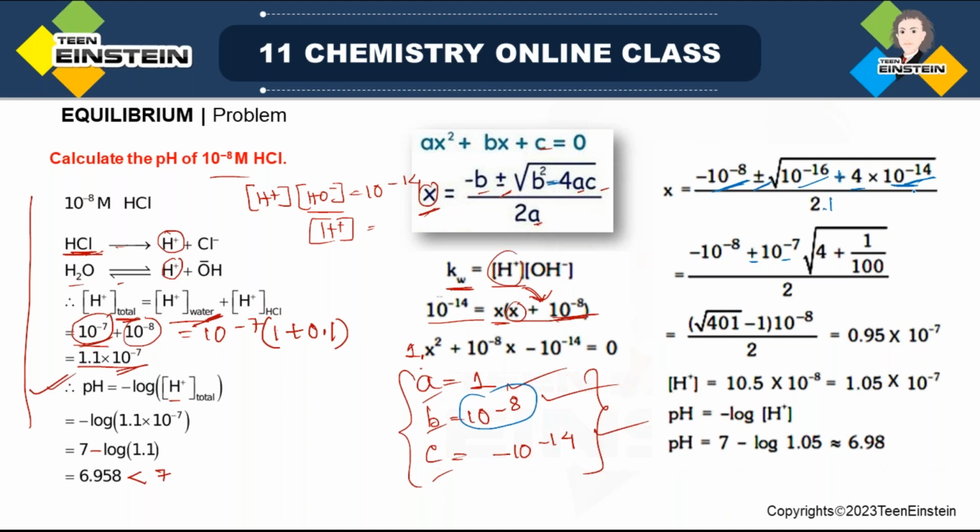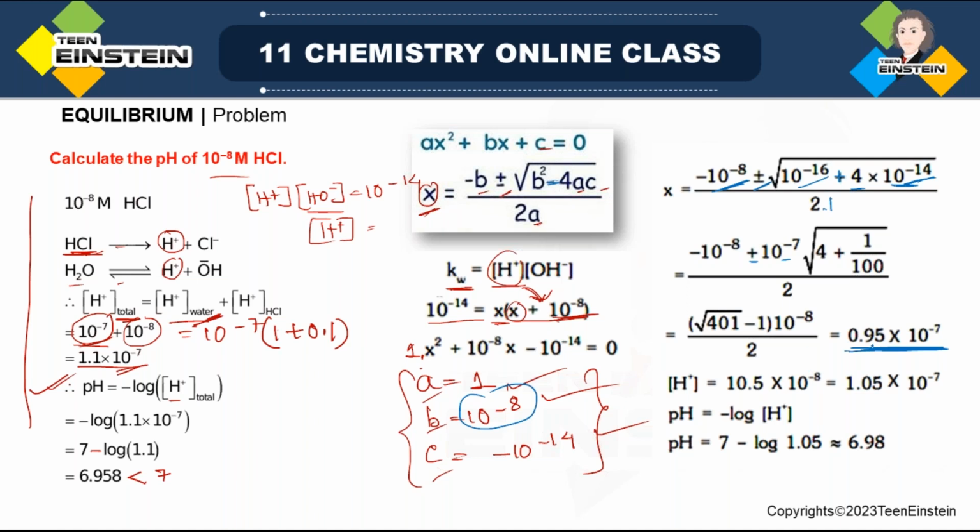And inside it is 4 plus 10 to the power minus 2. So once you are finished with the calculation of X, this is the value of X. Fine. So H plus concentration, now we can write as X plus 10 to the power minus 8.